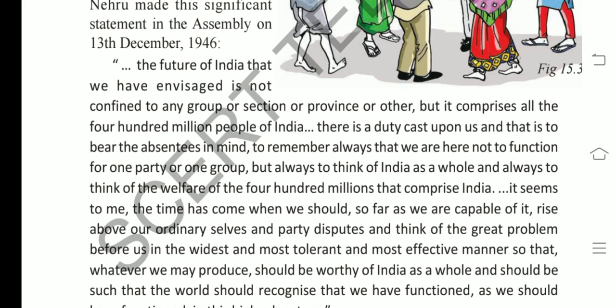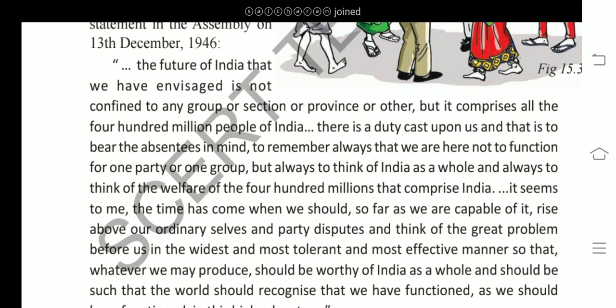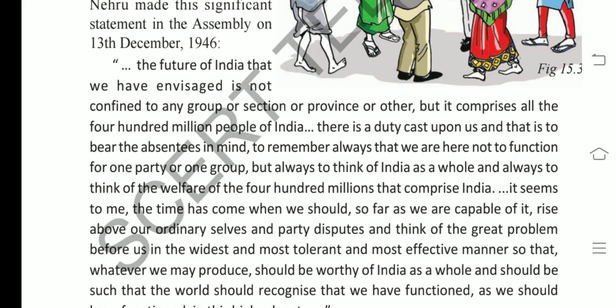So 90% of the people have not given their representation, right? Certain community representatives are not in the Constituent Assembly.